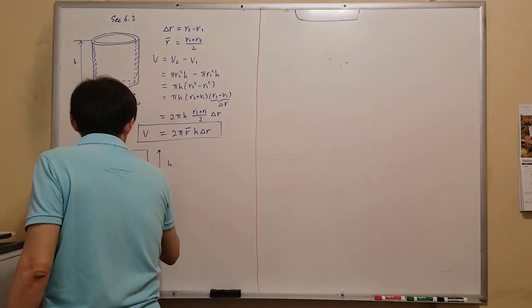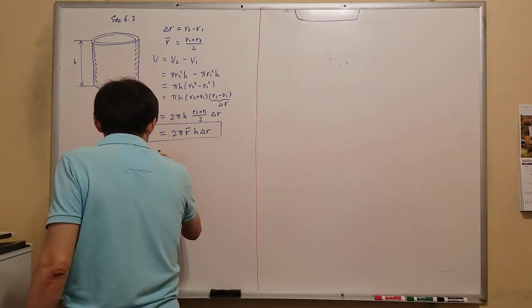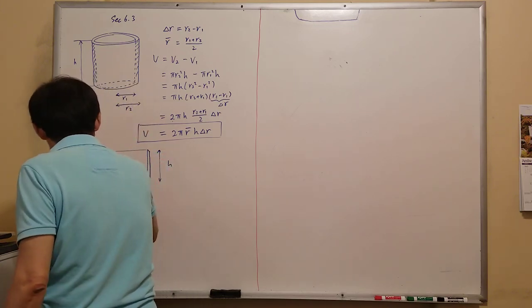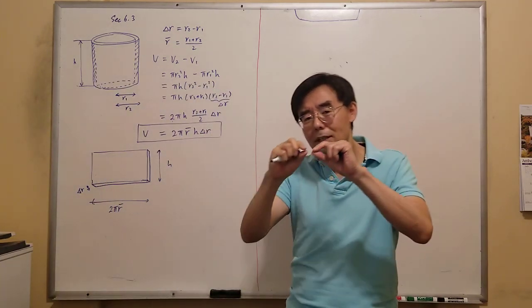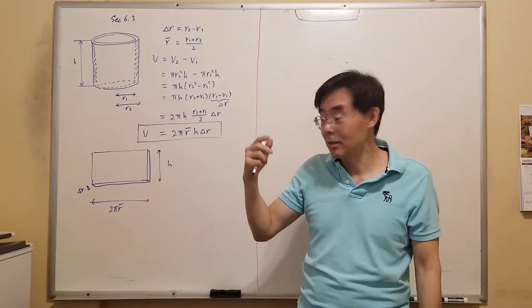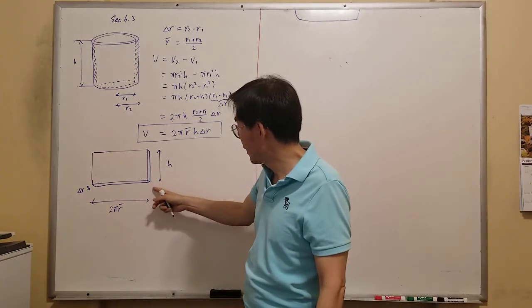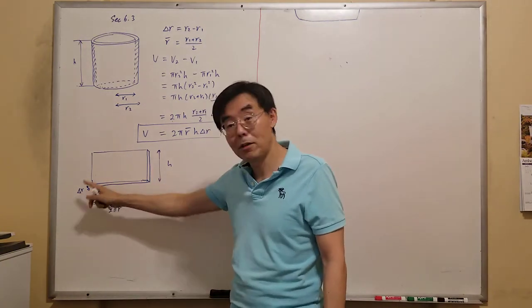And then this will be very thin. This height is delta R. So this is a very, very thin rectangular box. It doesn't really look like a box, but it's a rectangular box with very, very short height.